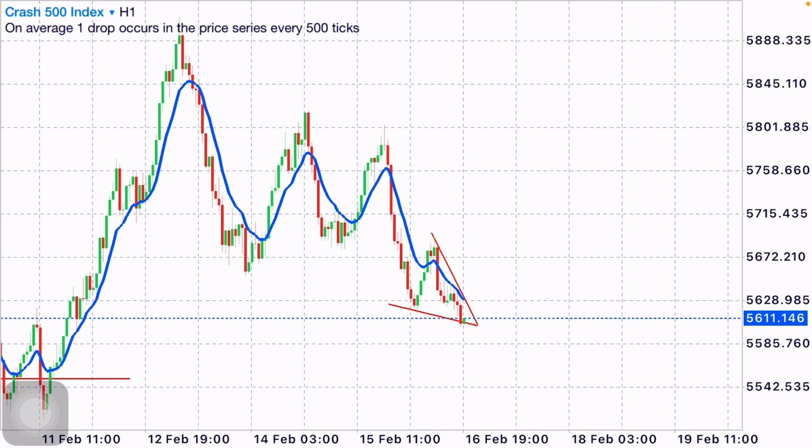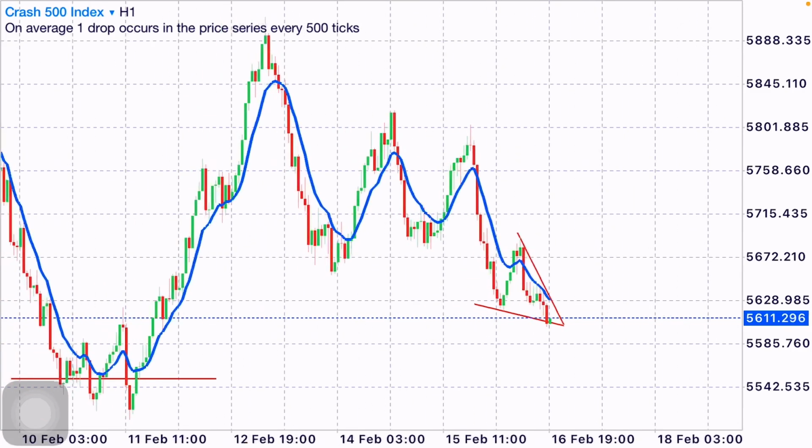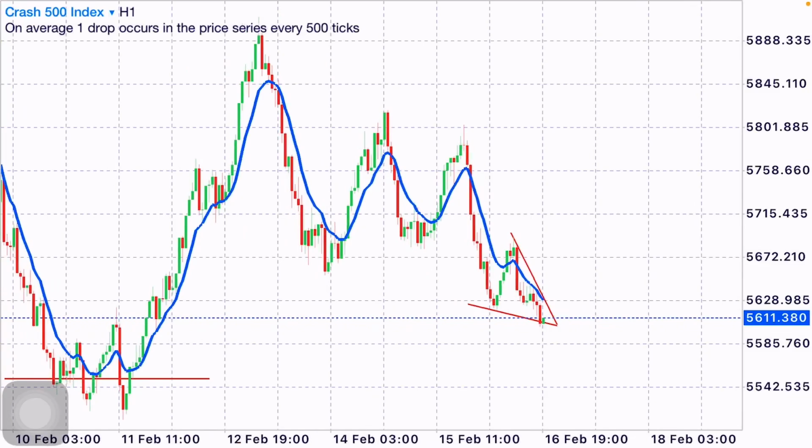So what this trend line means is that if the market decides to form a red candle and breaks through this trend line down, now you know that it's a sell market.